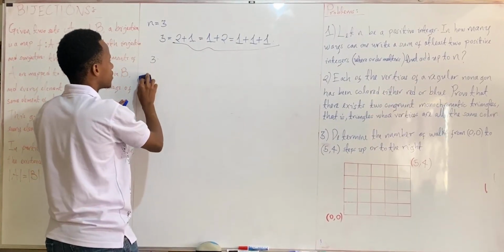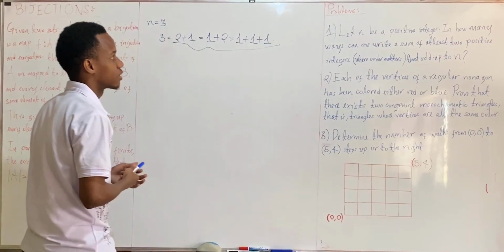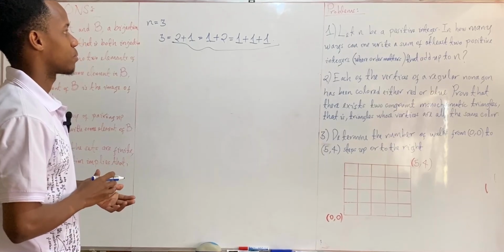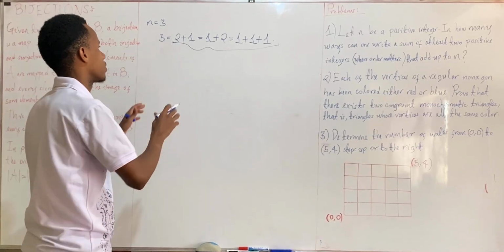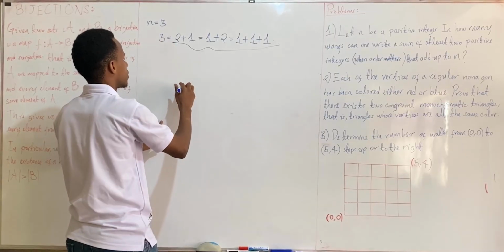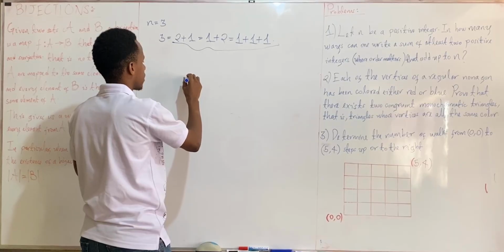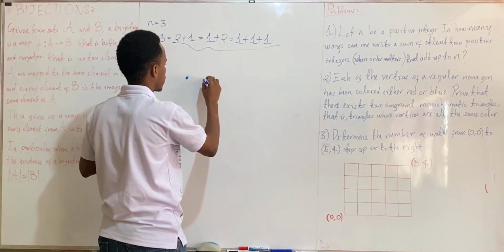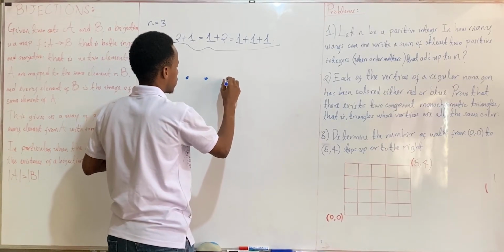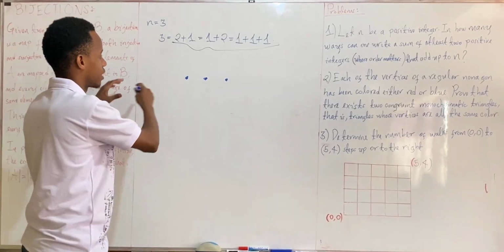So we can try to redefine this problem in another way, where instead of looking at a positive integer as a single unit, you can think of it as, for example, when n equals 3, three dots on a line.